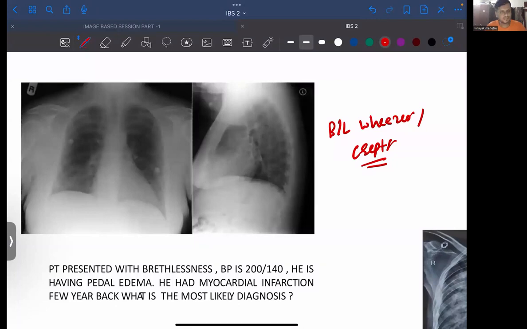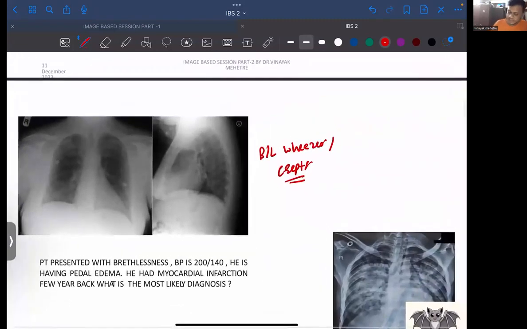There was a history of MI, right? MI patients tend to have something called congestive heart failure. What has happened to the patient? There is heart failure, right? Bilateral wheezes with pulmonary edema.